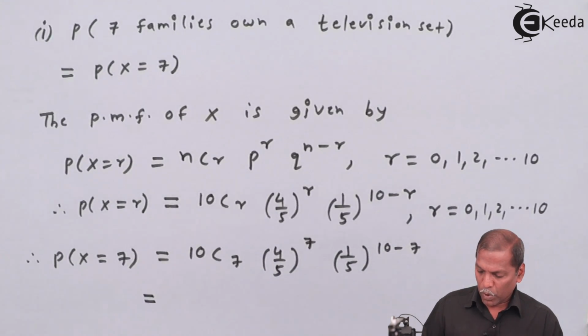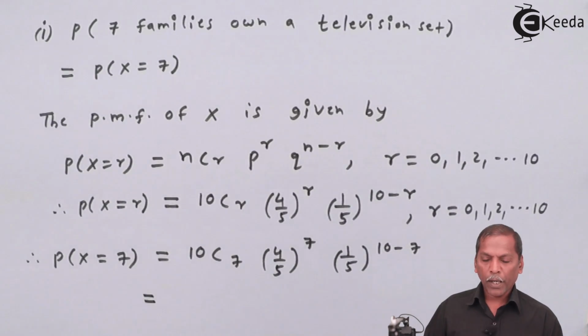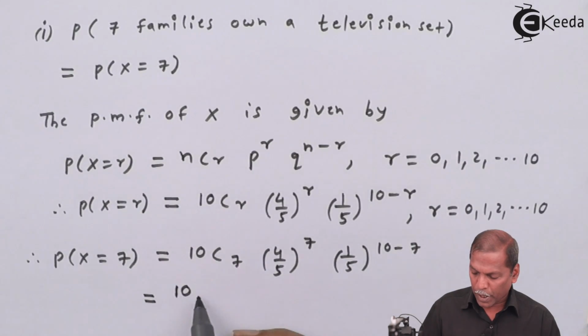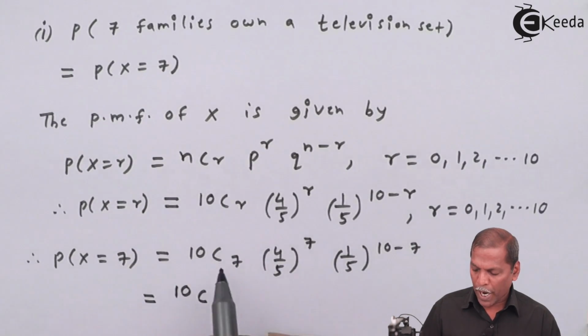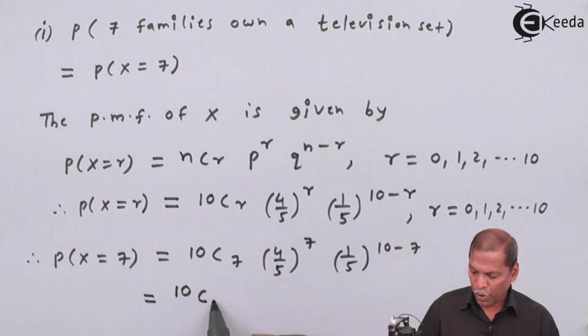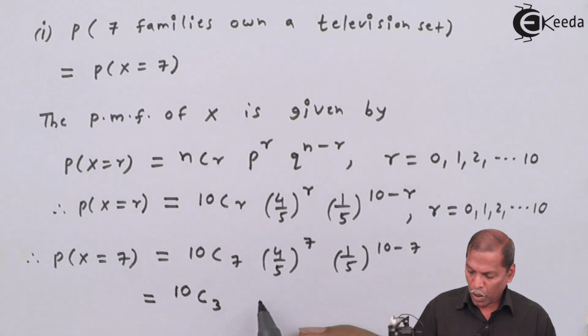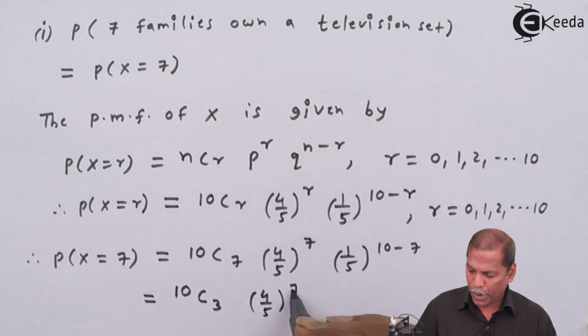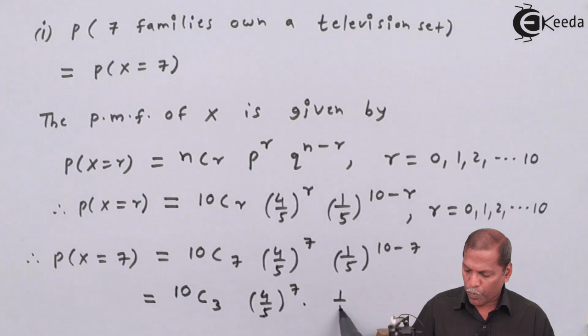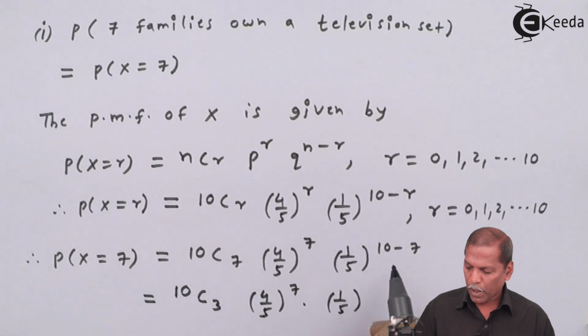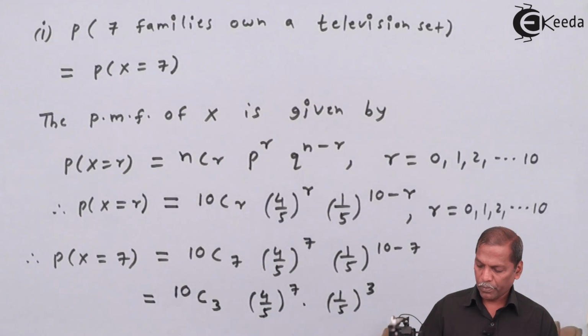Now 10C7 can be written as 10C 10 minus 7, that gives 3, into 4 upon 5 raise 7 into 1 upon 5 raise 10 minus 7, so that gives 3.